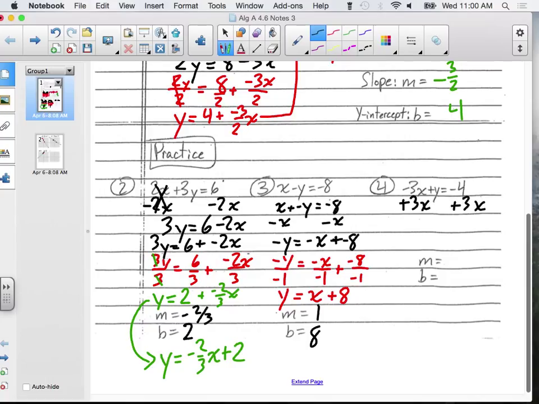No, this is where, what you were talking about earlier, since this is a negative, we do the opposite to get to the other side. So, y equals negative 4 plus 3x. Is that in slope-intercept form? Nope, so we just gotta do what? Switch them around.